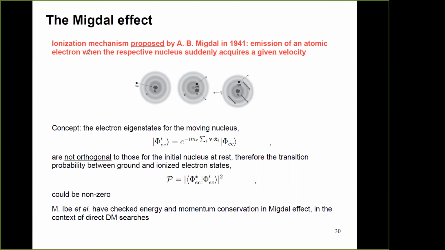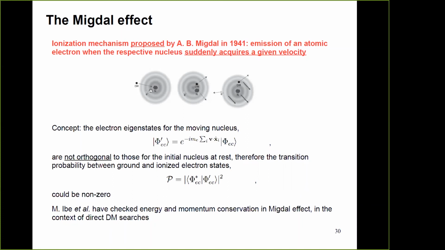This effect has been proposed quite some time ago, and it's basically an ionization mechanism that works as follows. It's ionization of an atom caused by a perturbation in the nucleus. The idea is depicted here.